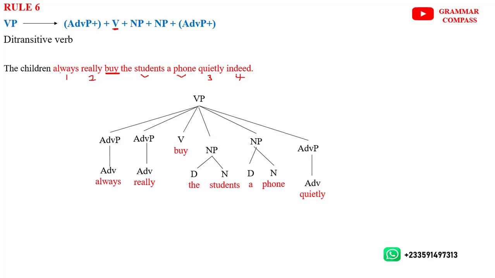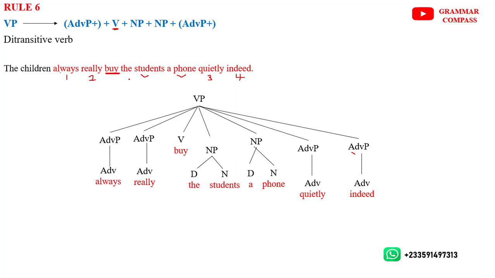We are left with the last adverb phrase, that is indeed. So we draw our branch. Then we write ADVP to stand for the adverb phrase. This adverb phrase consists of only one word adverb. So we draw our branch and write ADV, that is the head adverb, which is indeed. This is the representation of this verb phrase in tree diagram.